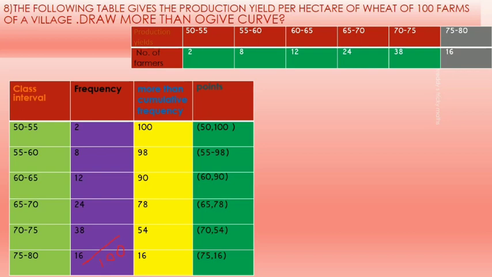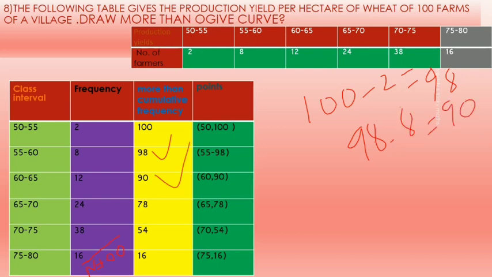Take the largest value, that is the total of the frequencies, as the first one, and again subtract: 100 minus 2 is 98, 98 minus 8 is 90, 90 minus 12 is 78, 78 minus 38 is 54, 54 minus 38 is 16. So 16 is the last value.